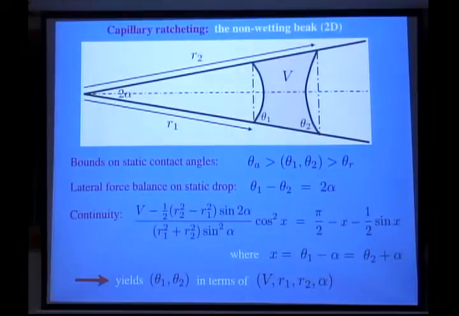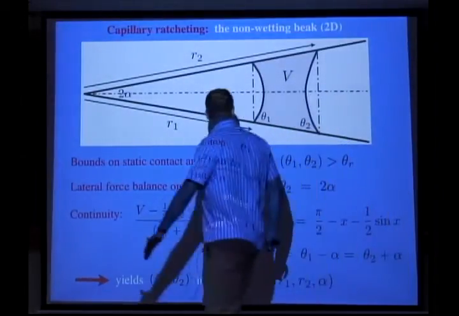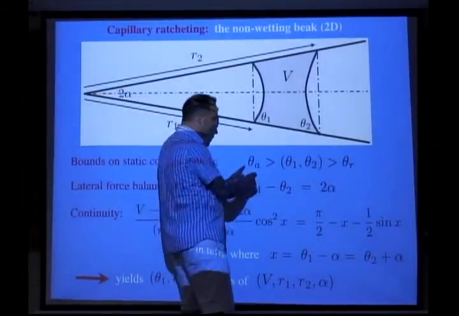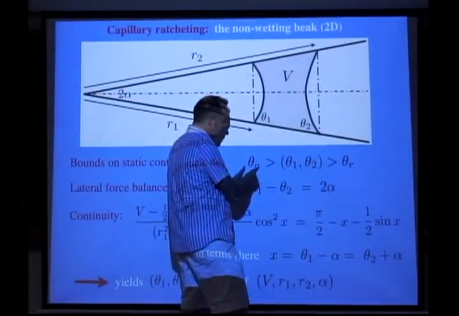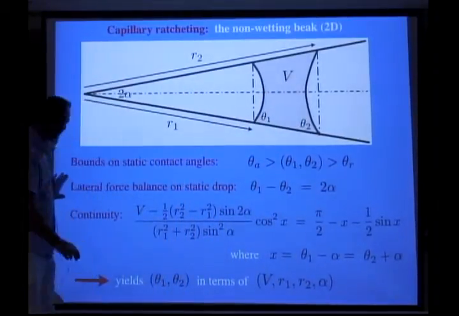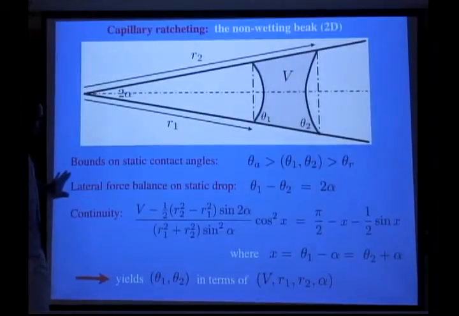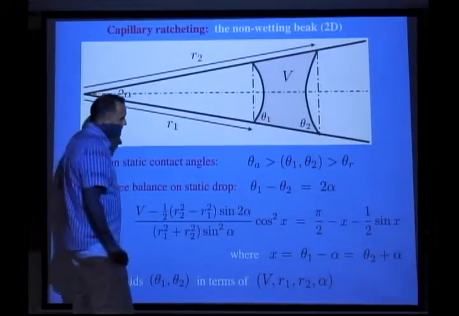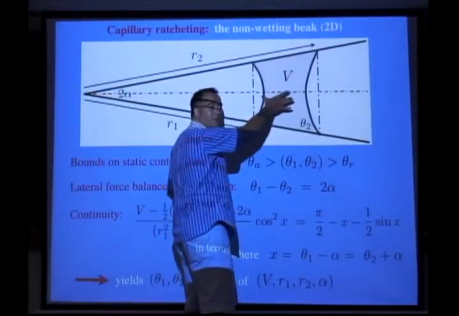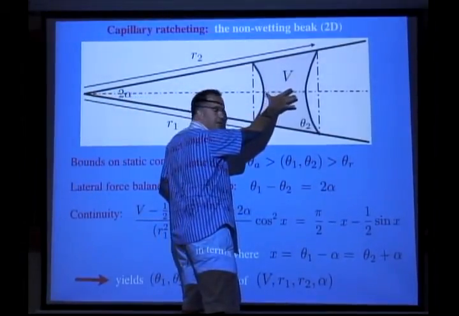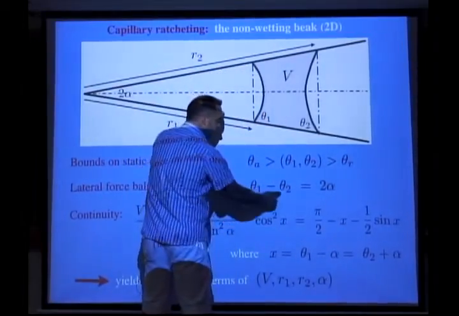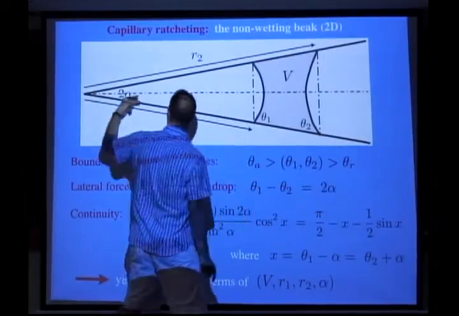So let's just try and rationalize that. We know that these static contact angles are bound above by the advancing value and below by the retreating value. And we also know there's this lateral force balance on the static drop. If this thing is going to be sitting there with no net force acting on it, because they're joining at this angle here, these two angles have to be related through the opening angle of the channel.